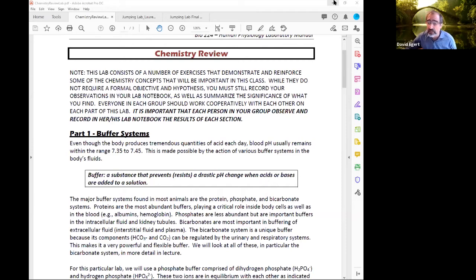We went into the lab and videotaped ourselves doing the different labs, so you would have something to work with here. Here you can see buffer systems. We're going to look at this one next time. For today, we are going to look at part 2, electrolytes, and part 3, carbohydrates.